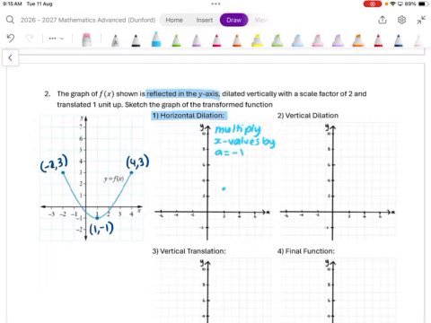Our point (4, 3) is going to become (-4, 3). And our point (1, -1) is going to become the point (-1, -1). Okay, and then we just want to draw our curve between them. We're going to put those points on as well. Is that making sense to everybody so far? So we've just applied our horizontal dilation.